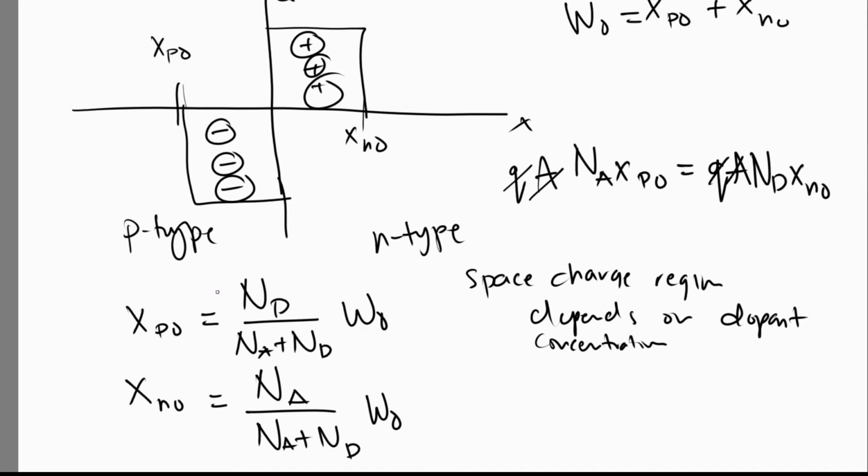So if we increase the donor concentration, we will see that it would actually extend more into the P-type region. So pag mas concentrated si donors sa N-type region mo, your depletion region would extend more into the P-type region, and vice versa. If we increase the concentration of acceptors in the P-type region, mag-i-increase naman yung extent ng ating depletion region into the N-type semiconductor.